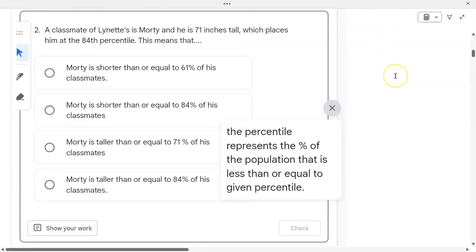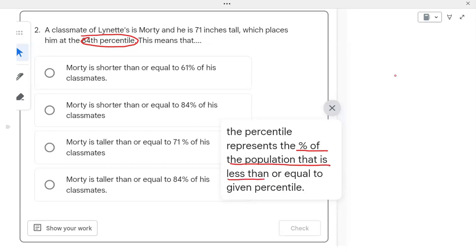All right, a classmate of Lynette's is Morty, and he's 71 inches tall, in the 84th percentile. This means that anytime you're dealing with a percentile, it represents the percent of the population that is less than or equal to the given percentile.